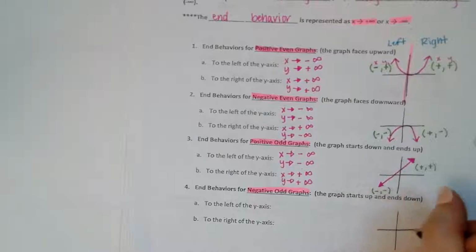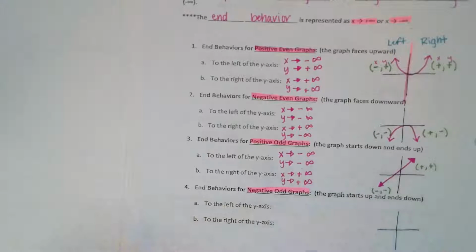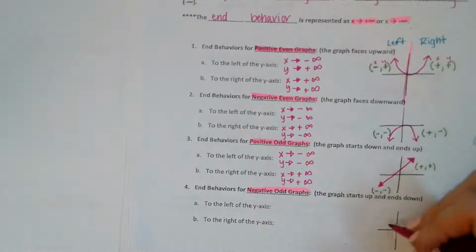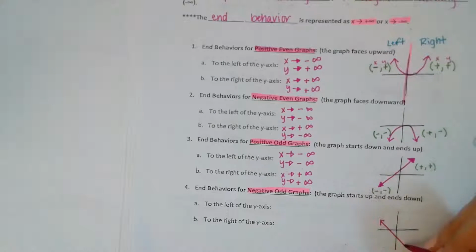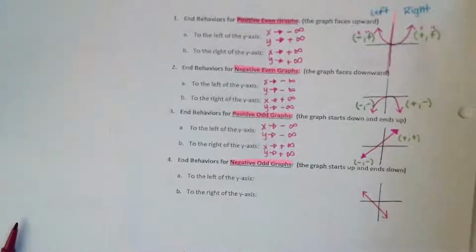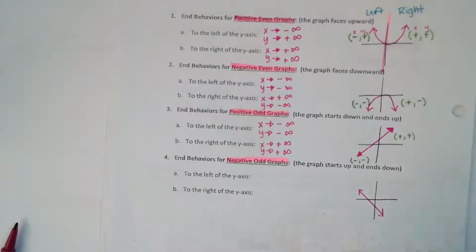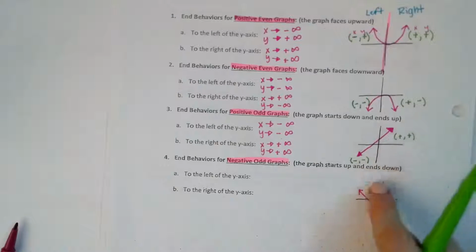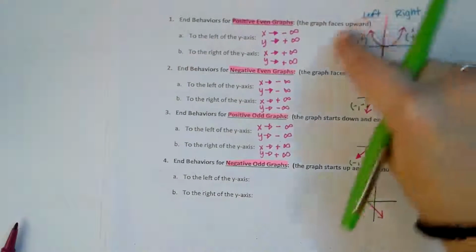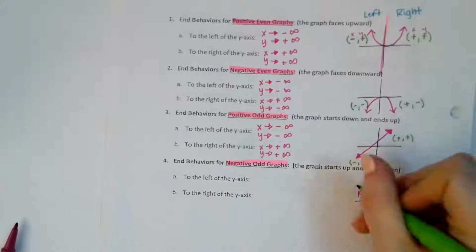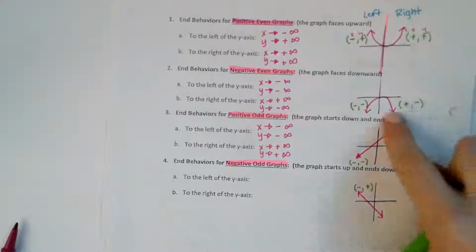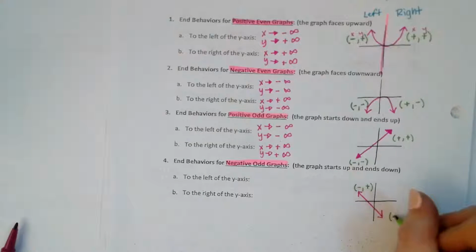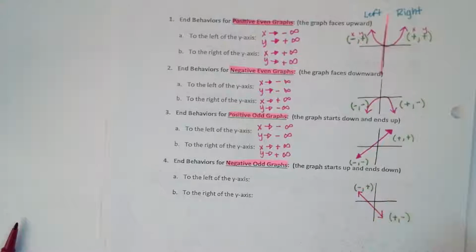So then lastly, you've got a negative odd graph, so like this. Just like this one up here, right here is negative positive. And down here, just like this one, is positive negative.